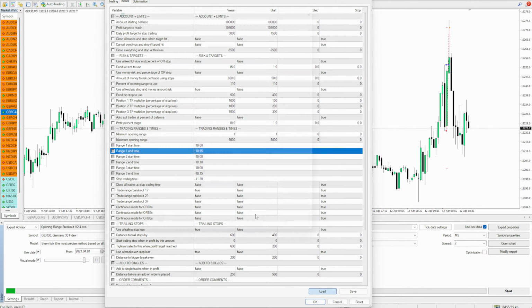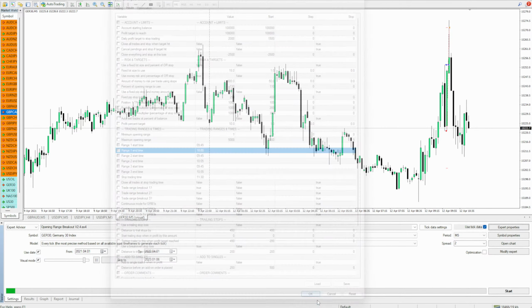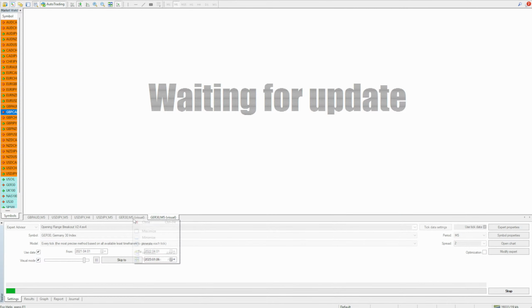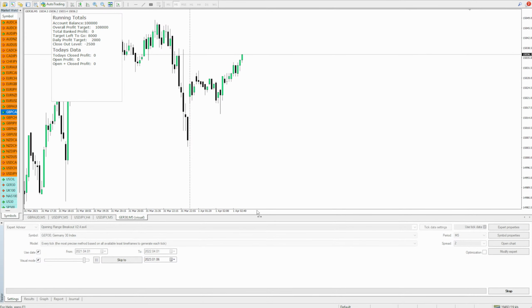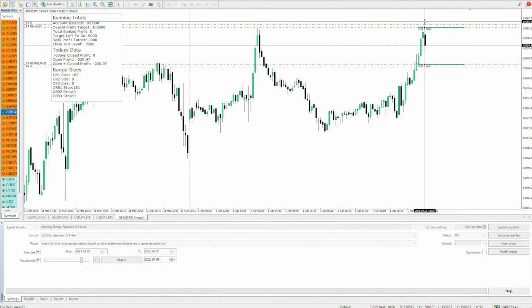If you want to test the 15-minute opening range, do that. I've got one on 15, I think. Oh, that's the pre-market 15. So that's quite a good set file. That trades the pre-market 15-minute range. This one is actually taking into account the 5, 10, 15 minutes before, and that's market open there.